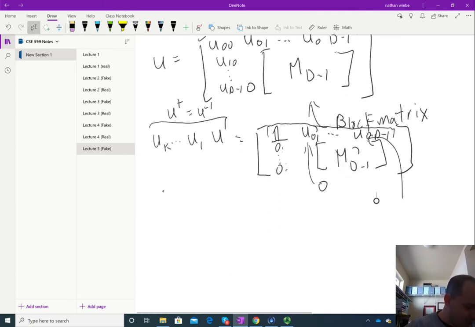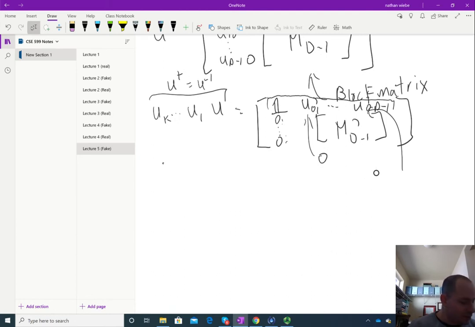Let's look at the task of converting a rotation inside a two-dimensional space into a single qubit rotation.